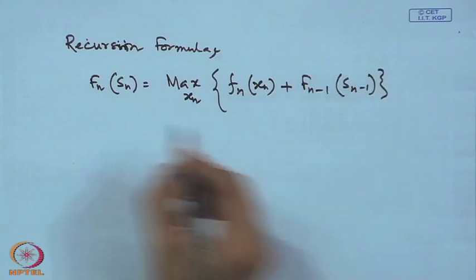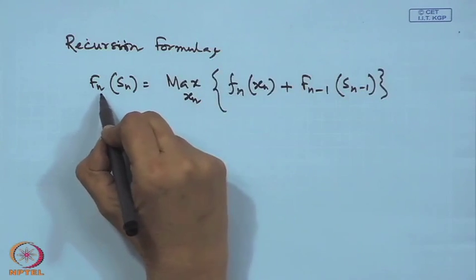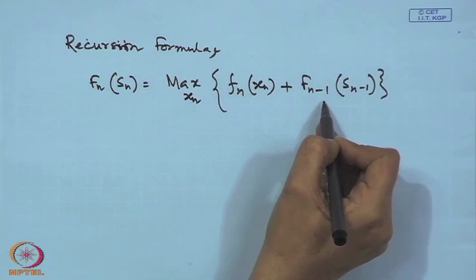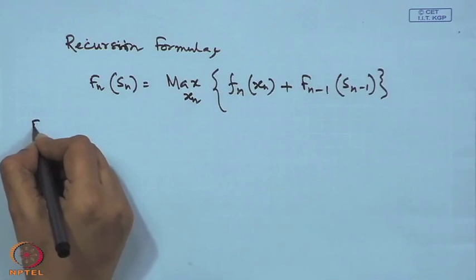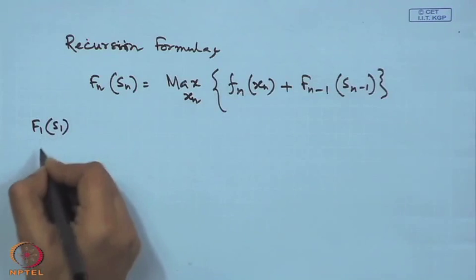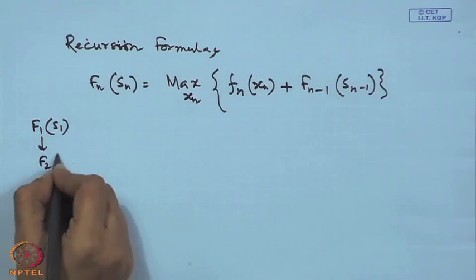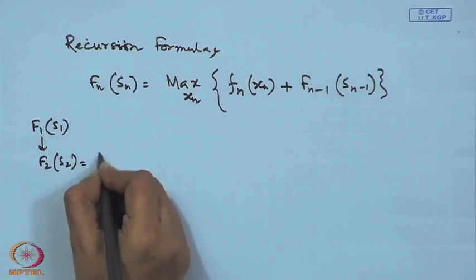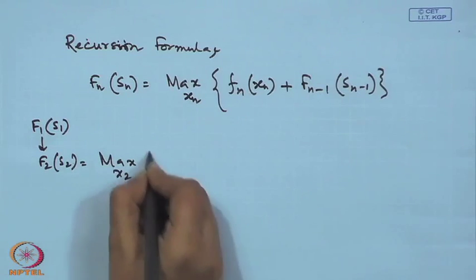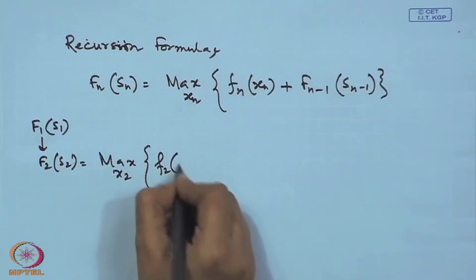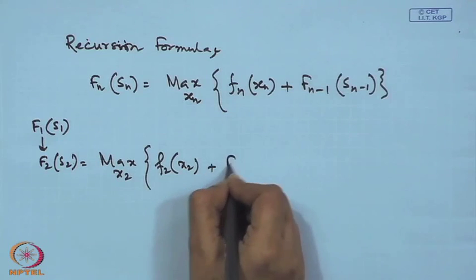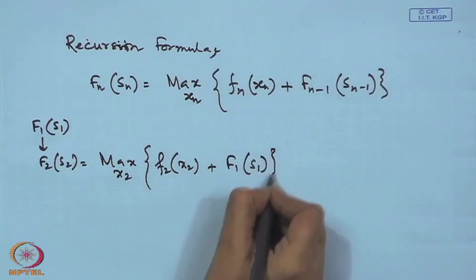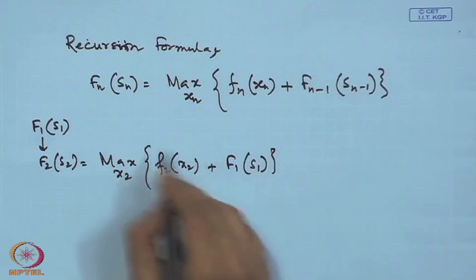That means the nth stage is dependent on the (n-1)th stage. Thus, we have to move the process from F1(S1), then we will go to F2(S2) by considering max over x2 of f2(x2) plus F1(S1), where F1(S1) is the optimal value of the previous stage.